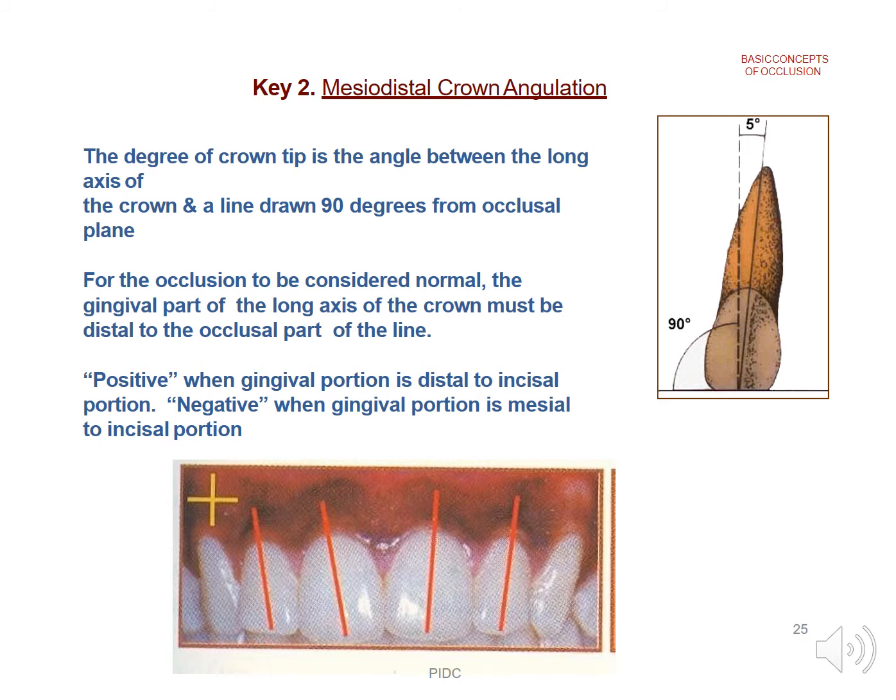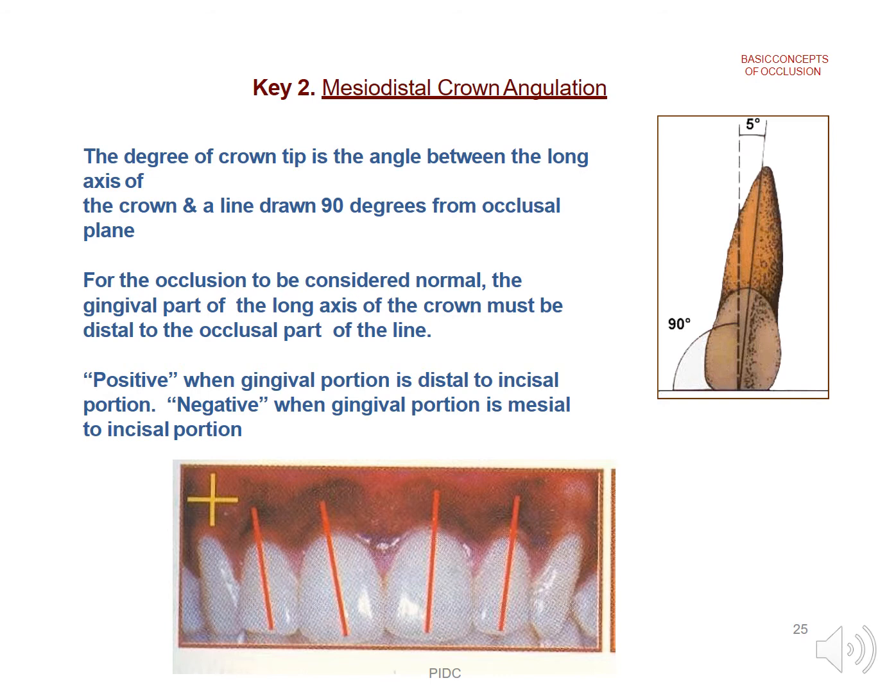Key number 2, mesiodistal crown angulation. The degree of crown tip is the angle between the long axis of the crown and a line drawn 90 degrees from the occlusal plane. For the occlusion to be considered normal, the gingival part of the long axis of the crown must be distal to the occlusal part of the line.